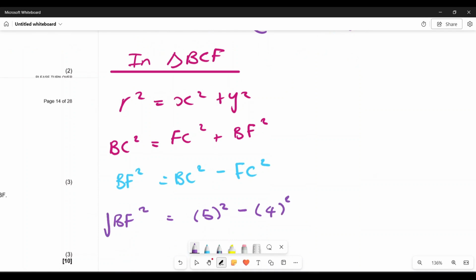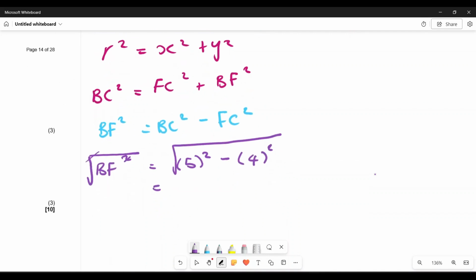Because we're looking for BF, to get rid of the squared we need to square root both sides. Punching this into your calculator, you should get the actual length of BF. Doing so, my BF will be equal to 3 units.